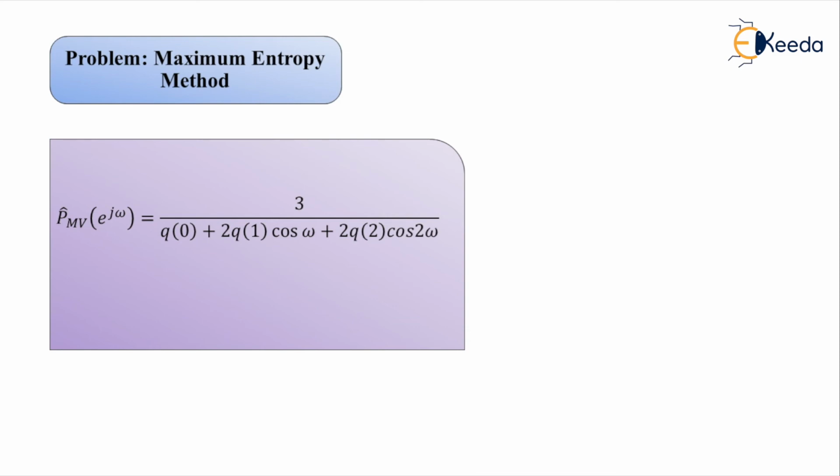So upon substitution of the previous values, we get the form 3 divided by the first term 1.5937 minus cosine omega added to 0.25 times cosine of twice omega. So this completes the required answer, the second order minimum variance spectrum estimate to be found in part B here.